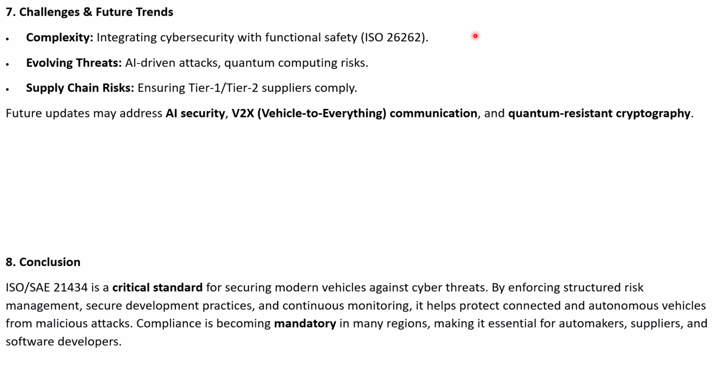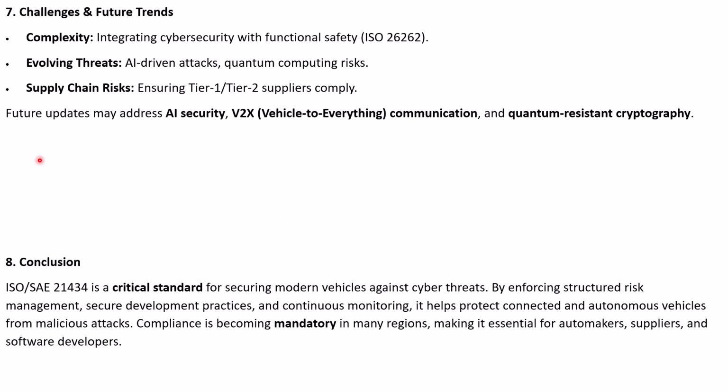Coming to evolving threats, AI-driven attacks and quantum computing risk are the evolving threats. Next comes supply chain risk, ensuring tier 1 and tier 2 suppliers comply. Making sure tier 1 and tier 2 are on the same page from the OEM's point of view is the next important challenge.